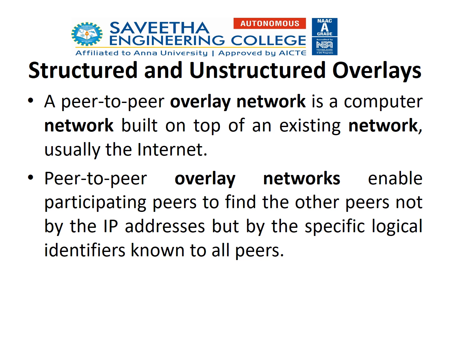An unstructured overlay does not follow any structure, so addition and deletion is somewhat easy. It uses local indexing and semantic indexing. In a peer-to-peer overlay network setup, it does not use already available IP addresses, it uses special logical addresses. We will see this in detail in the next session.